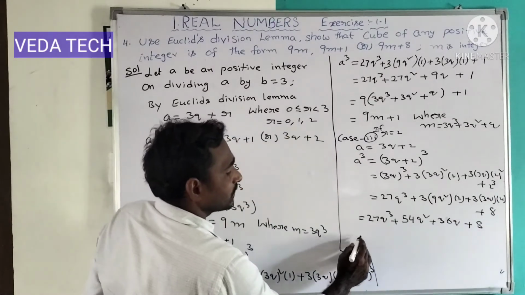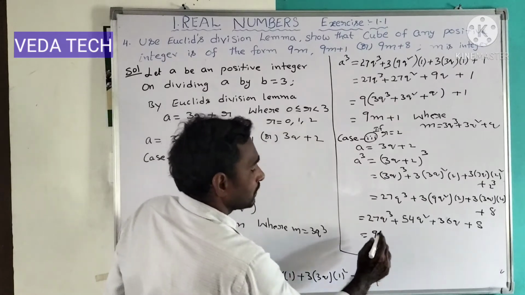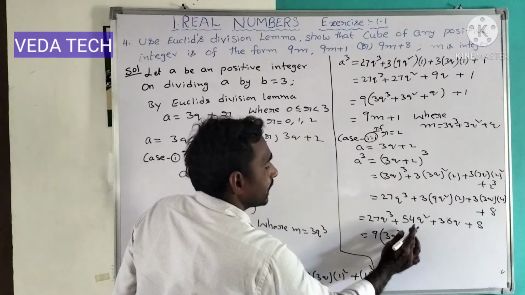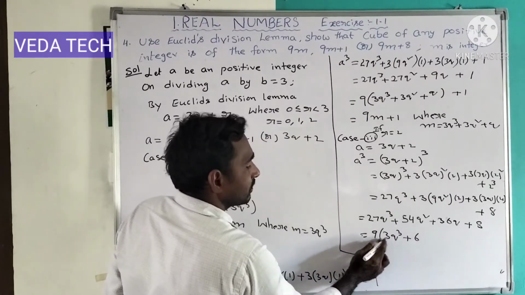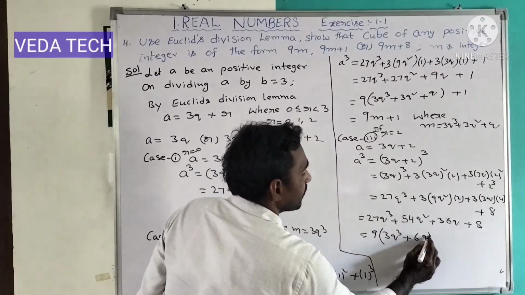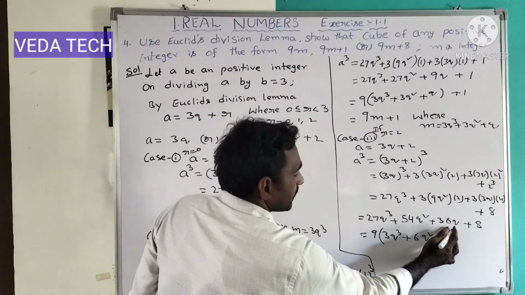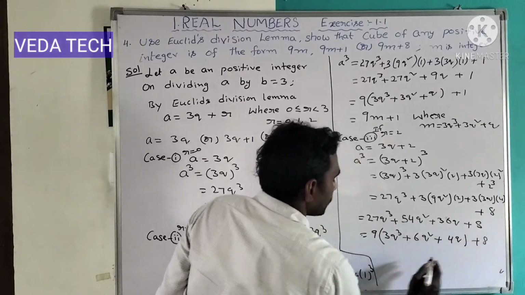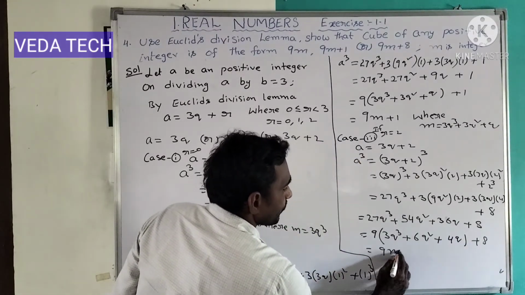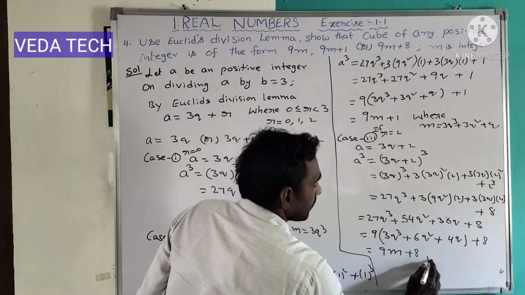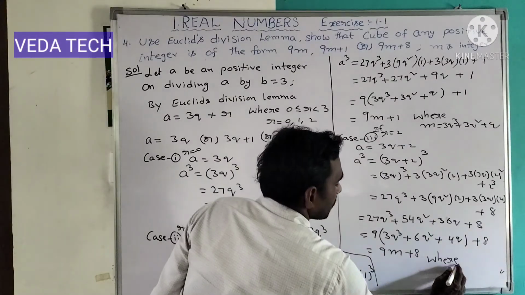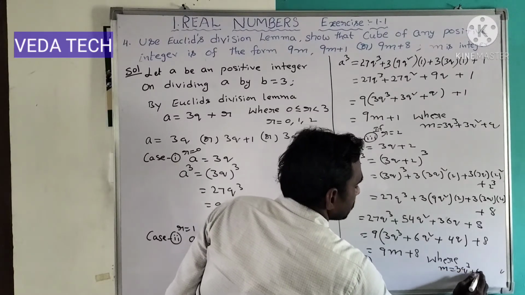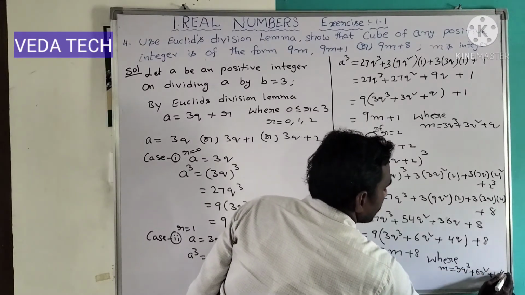In the first three terms take 9 as common: 3q cube plus 6q square plus 4q, plus 8, is equal to 9m plus 8, where m is equal to 3q cube plus 6q square plus 4q.